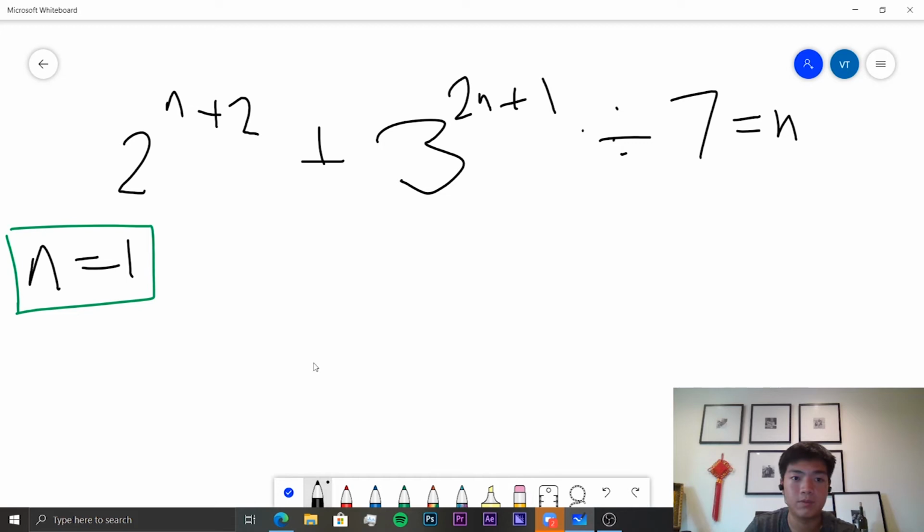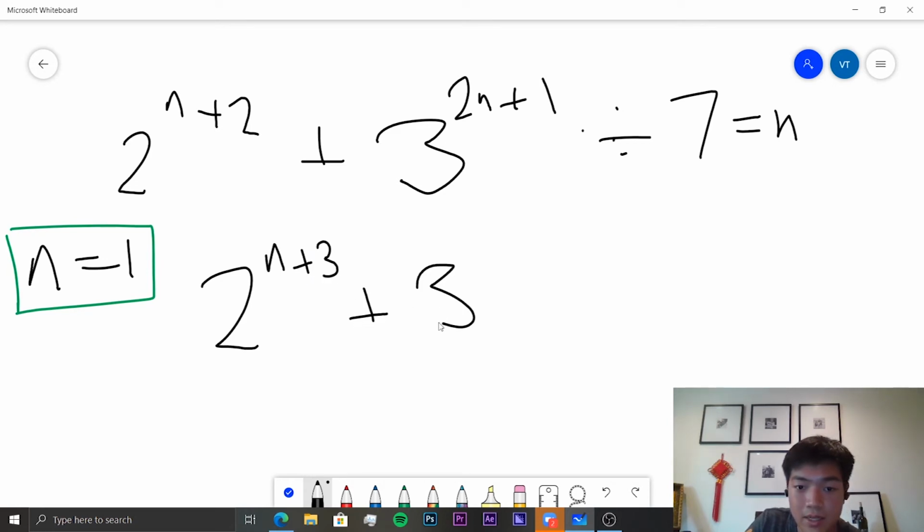So since we have proved that, what we want to prove is the inductive step. And we can do that by saying, okay, let's start first with 2 to the n plus 3 plus 3 to the 2 times n plus 1 is still divisible by 7.